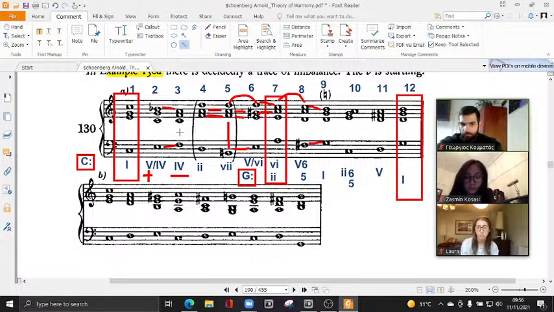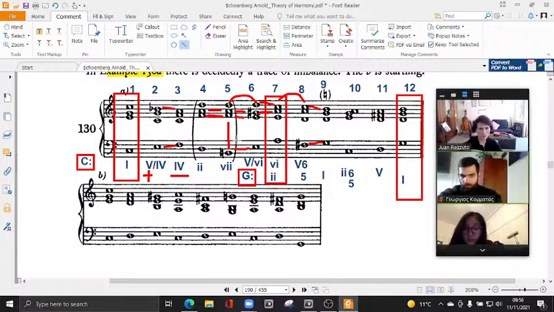So that is when things start to get interesting, first of all, in which you establish a gravitation around chords.